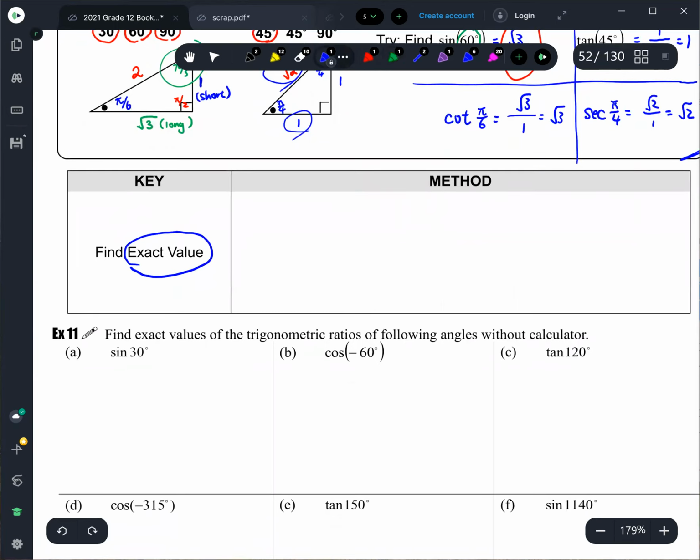Because they give you the angle, your first step is to draw the angle. Given angle.